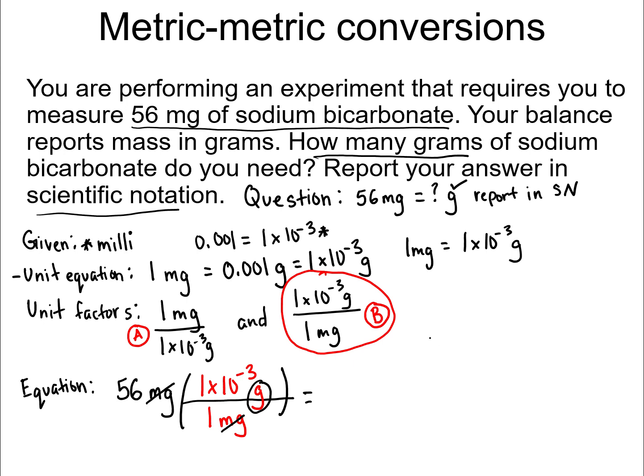The way that you're going to enter it is 56 times, and you may need to use parentheses, 1 times 10 to the minus 3. This part, you'll need the EXP or the EE button on your scientific calculator. Give that a shot, and then put your answer in the chat.